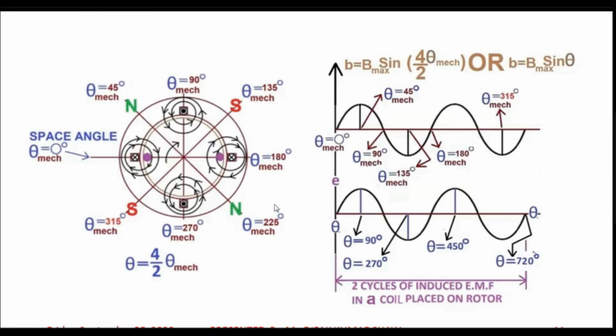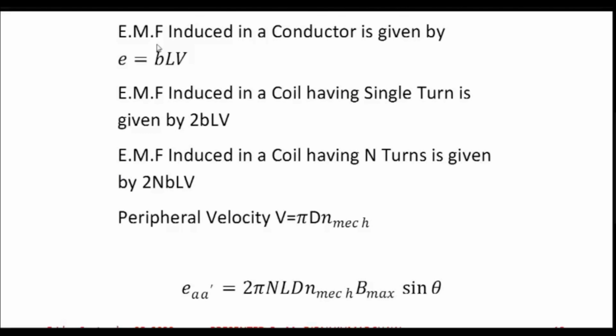Let me just quickly tell you that EMF induced in a conductor is given by E equals BLV, where L is the length of the conductor, V is the velocity of the conductor, and B is the value of the magnetic flux density. Now, if the EMF is induced in a single coil having a single turn, it will be 2 BLV.